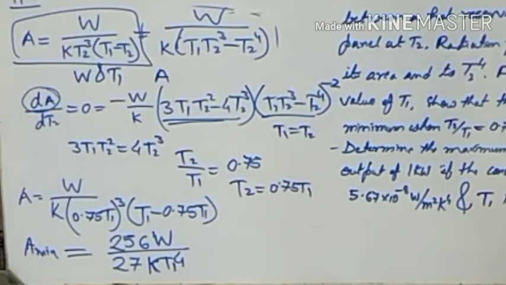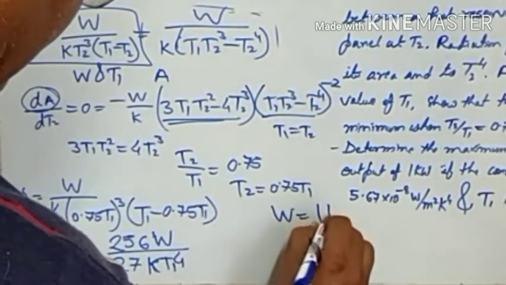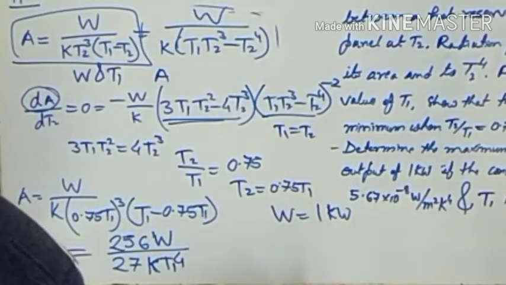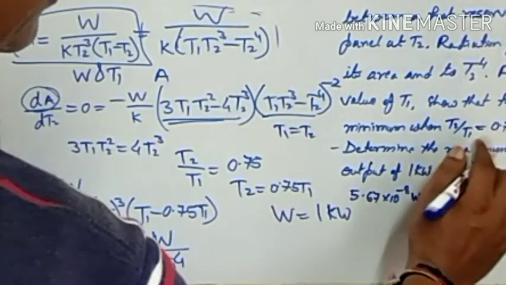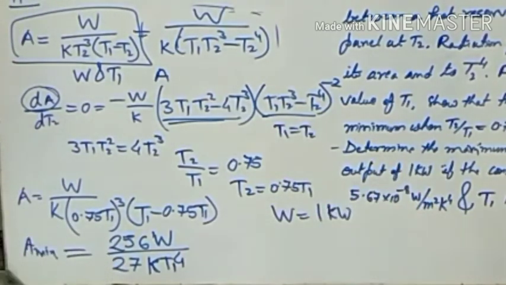Now to find out this exact quantity for a power output of 1 kilowatt, as it is required, determine the minimum area of the panel for 1 kilowatt output.